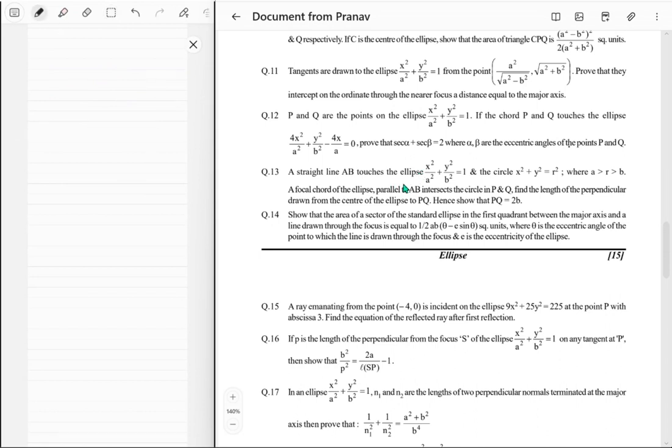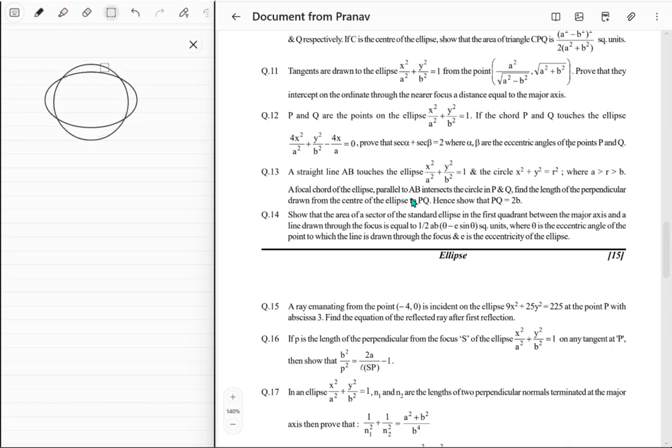A straight line AB touches the ellipse and the circle; a focal chord of the ellipse is parallel to AB. So you've got some kind of ellipse, and you've got another, a circle also centered around 0, and R is between A and B. Okay, so like this. A straight line touches this ellipse and this circle, so it's a common tangent.